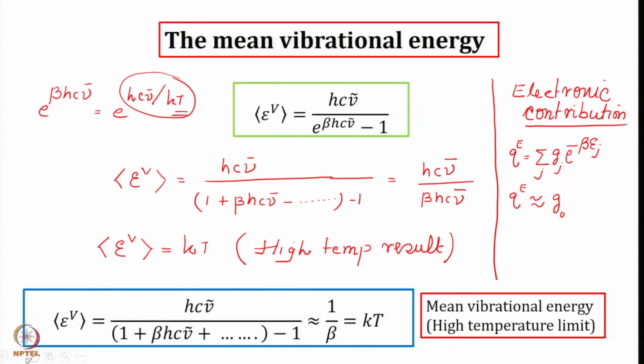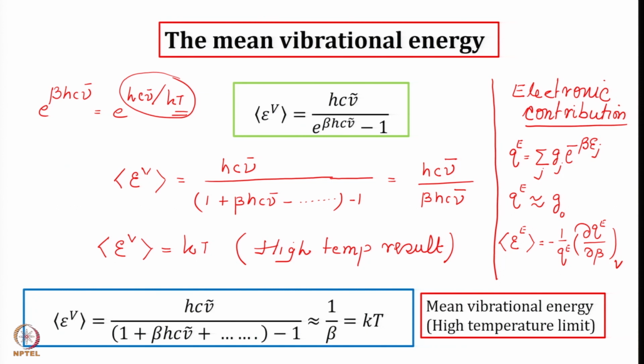Then, if I were to include the mean electronic energy, this will be equal to minus 1 over Q electronic into del Q electronic del beta at constant volume.